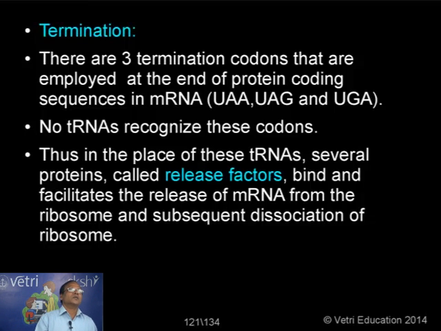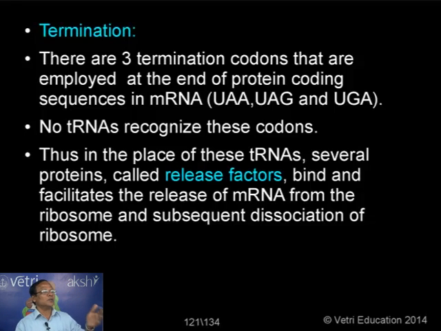These three codons are not recognized by any of the amino acids. So what will happen? Normally the tRNA carrying the amino acid comes and forms a pair with the codon of the mRNA. But as these three codons, nonsense codons, stop codons, termination codons, cannot be identified by these tRNAs, that place is empty and is occupied by certain proteins.